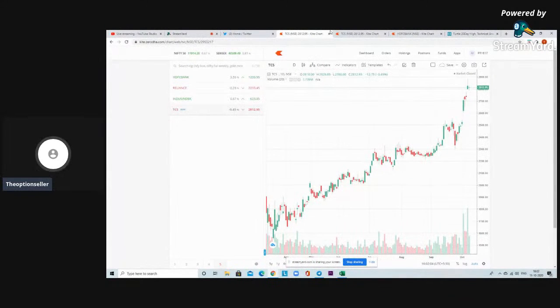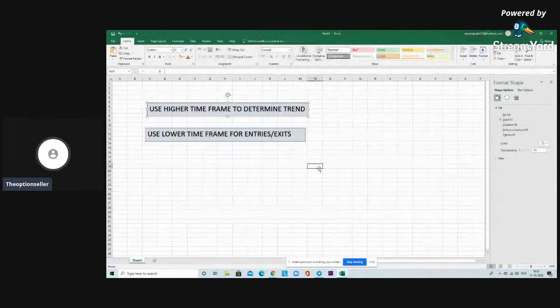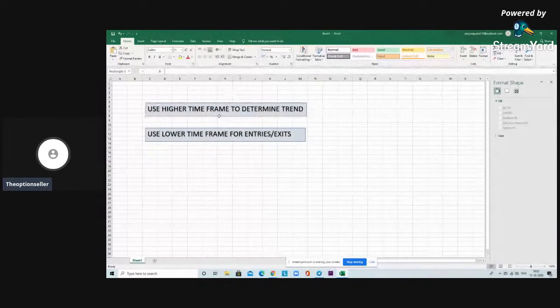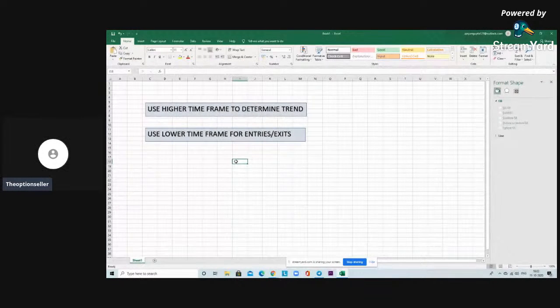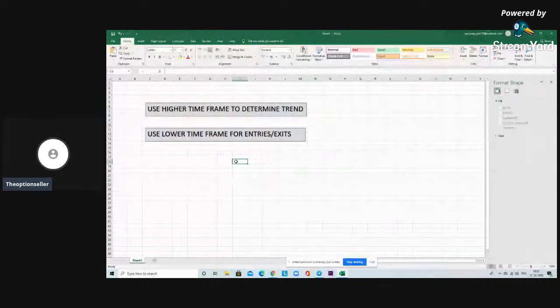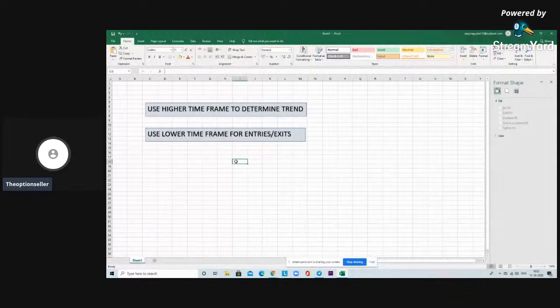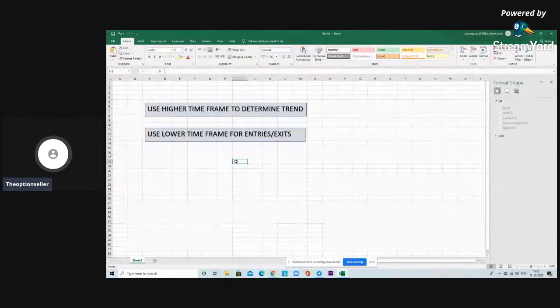The way which I am going to explain to you today is quite a simple method. It requires someone to first identify the overall trend of the stock, and the way we will identify the overall trend is when we use a higher time frame.